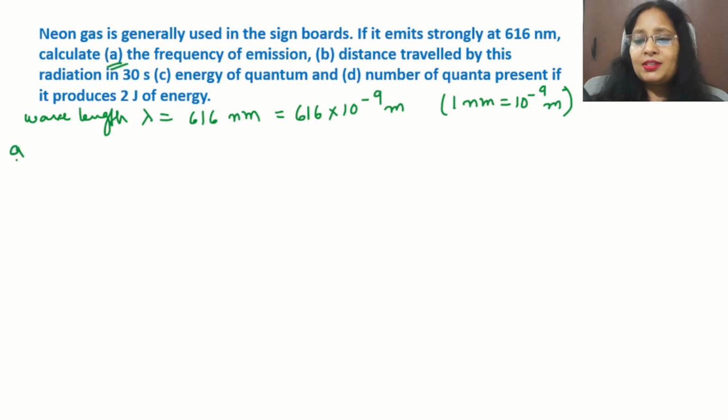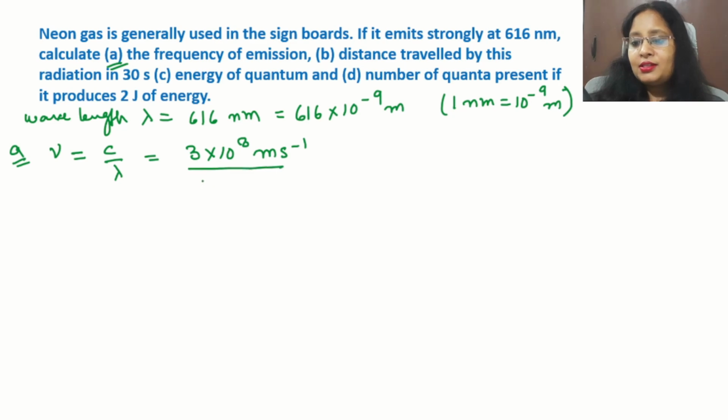A is the frequency of emission. Now the frequency of emission, that is mu, the formula is C upon lambda. We know mu is equal to C upon lambda, where C is the speed of light. Its value is fixed. C's value is 3 into 10 to the power 8 meter per second, upon lambda, we'll write 616 into 10 to the power minus 9 meter.